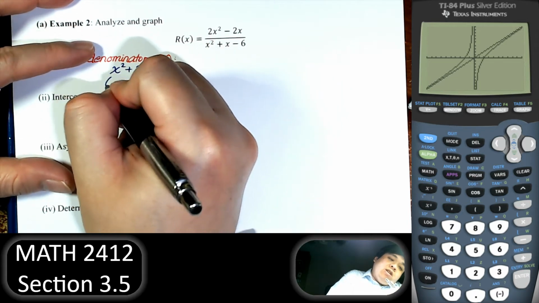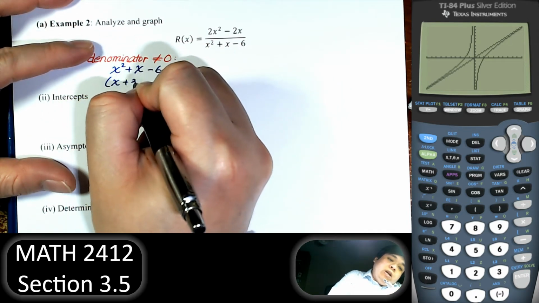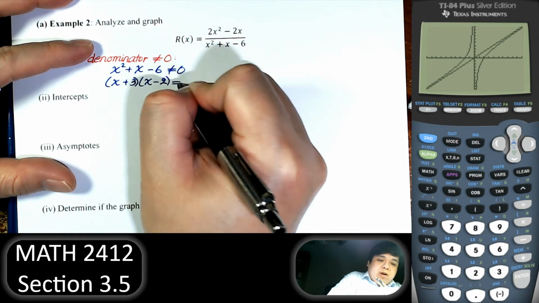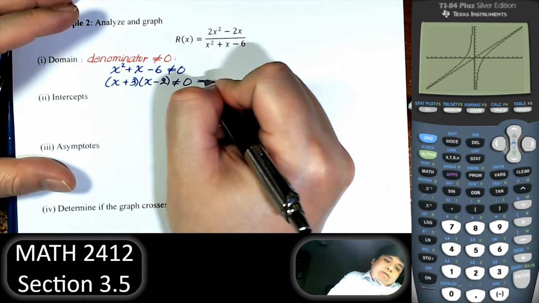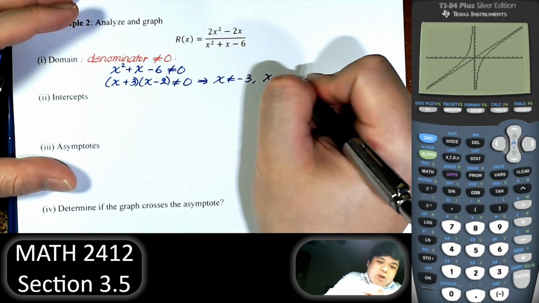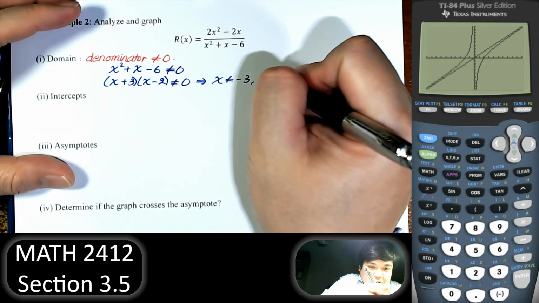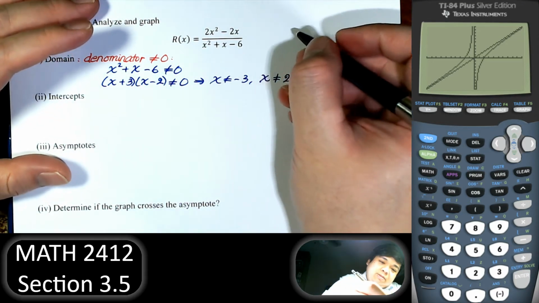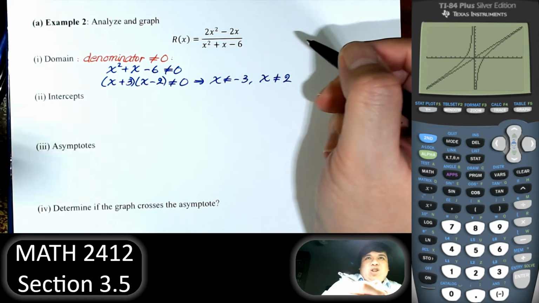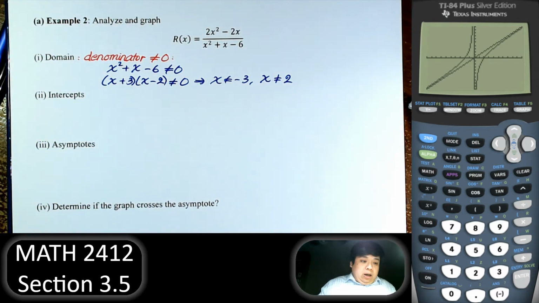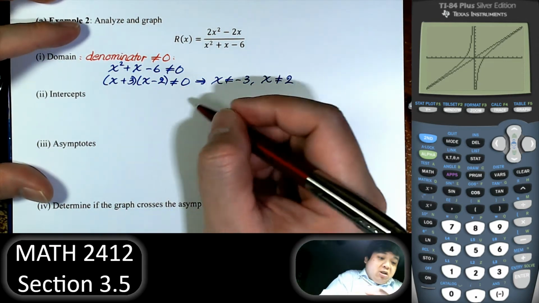Let's factor it: x plus 3 and x minus 2 not equal to 0. So we have x not equal to negative 3 and x not equal to 2. There are different notations, but just give x not equal to negative 3, x not equal to 2. Good enough. We know where the function is undefined.